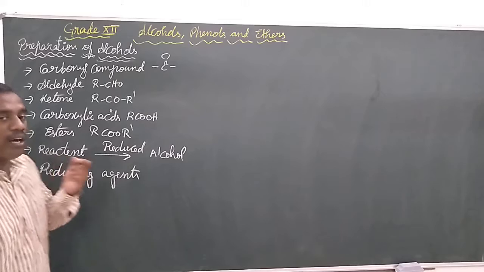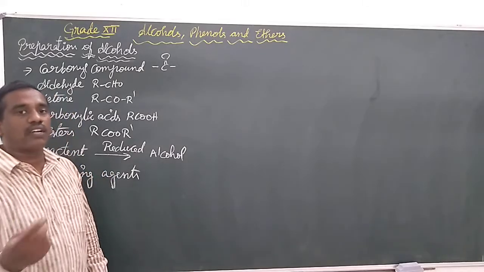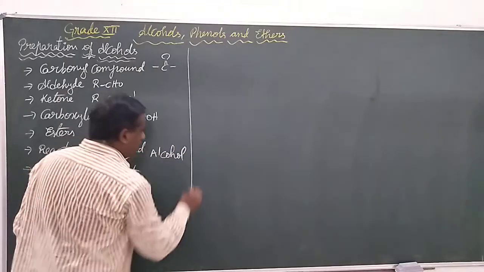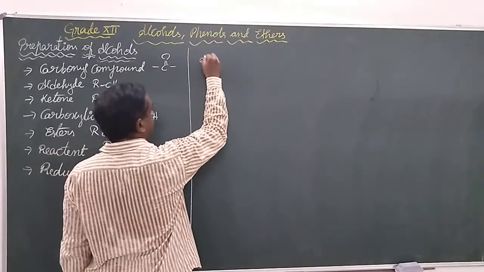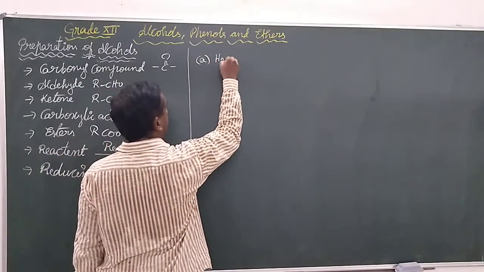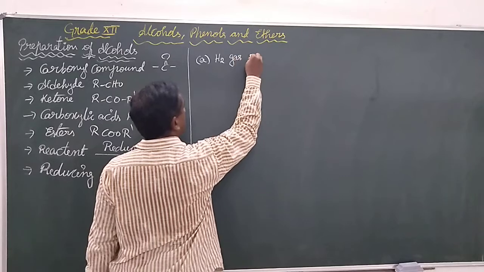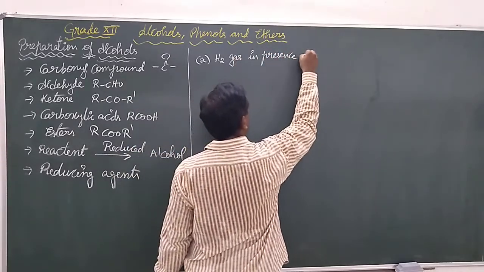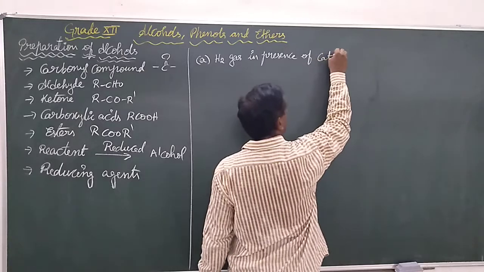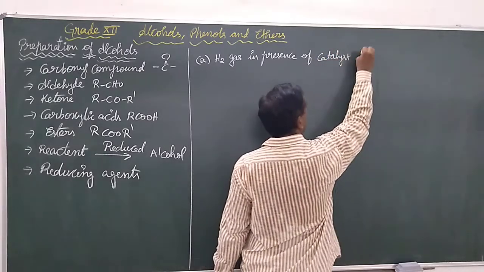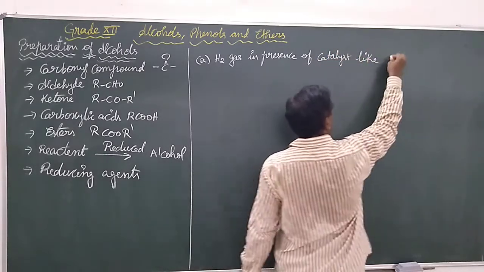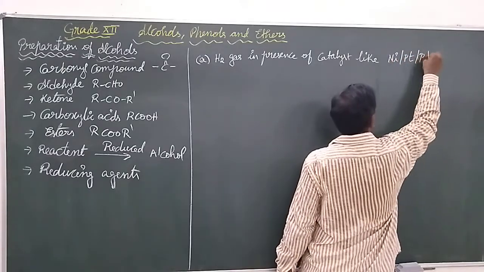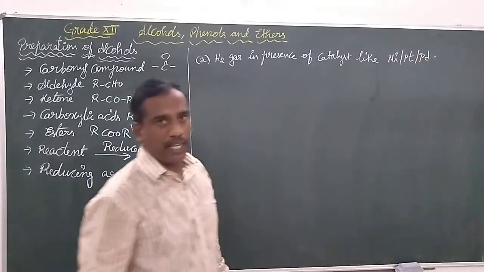So let us see some of the reducing reagents that we are going to use in this session. One of the reducing agent is the hydrogen gas in presence of the catalyst like nickel, platinum or palladium.